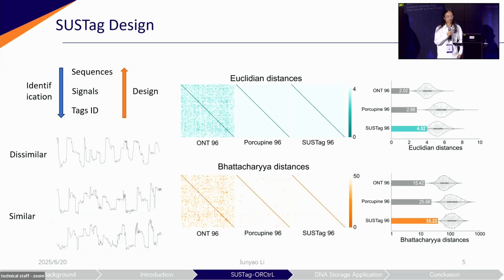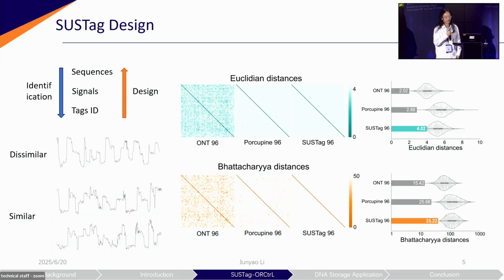The Euclidean distance is widely used to measure the differences between two signals, and we use the Bhattacharyya distance to capture the differences between the signal distributions, because nanopore sequencing signals vary even if the nucleotide sequences are the same.